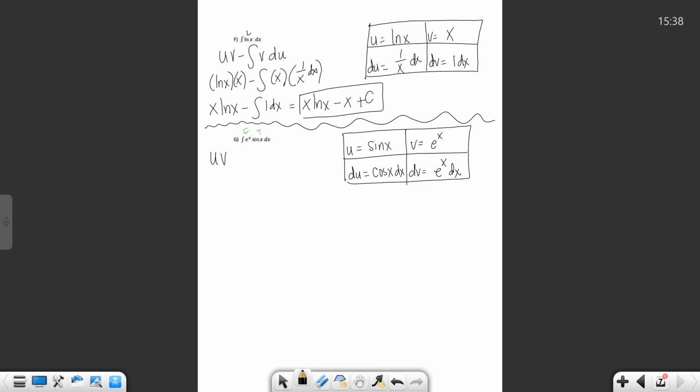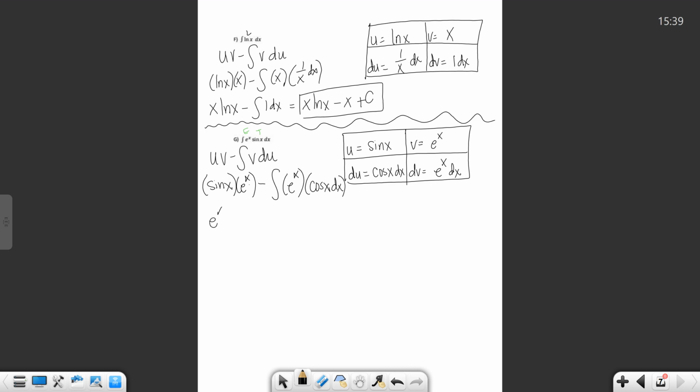Alright, uv minus the integral of v du. Watch what happens on this one. We would get sine x times e to the x minus the integral of e to the x times cosine x dx.